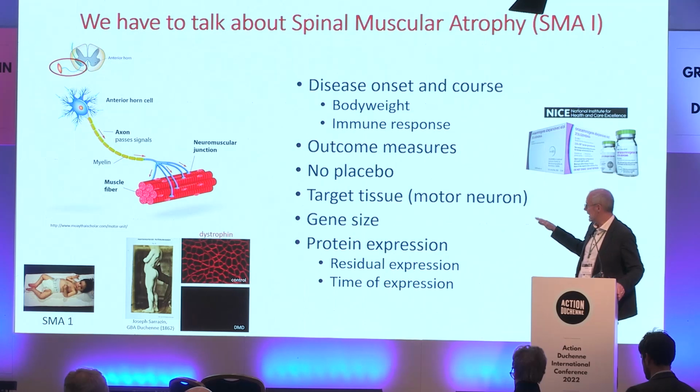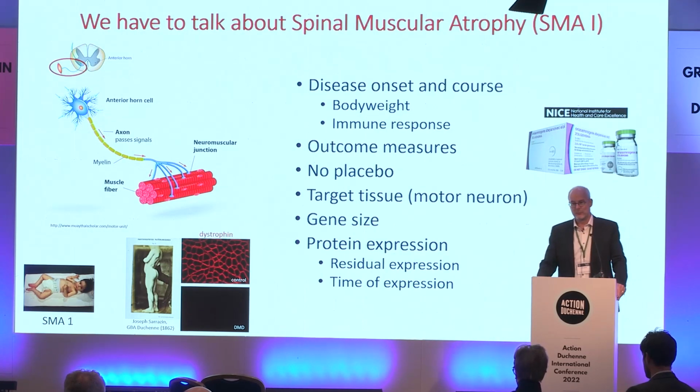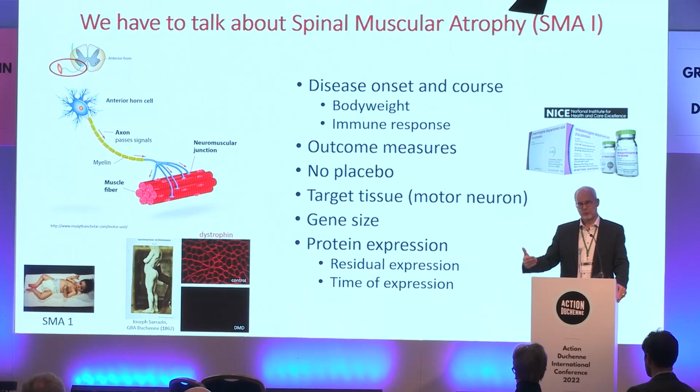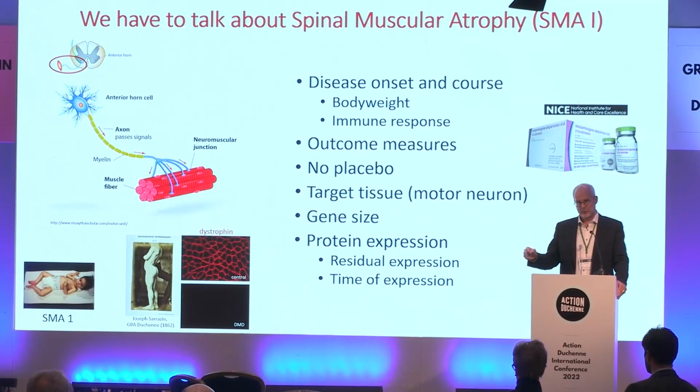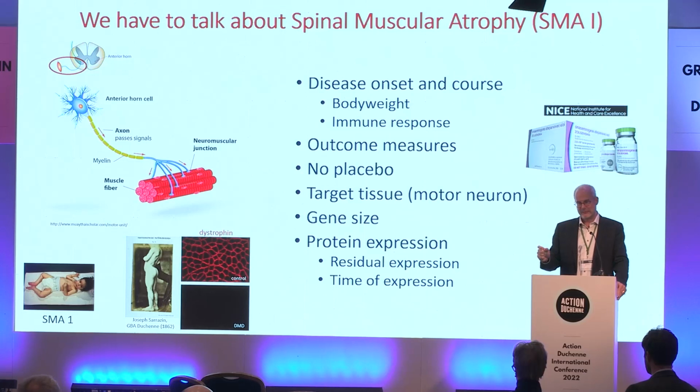I already mentioned the target tissue. Now another problem is the gene size, and we heard from Annemieke and from Linda that the dystrophin gene is actually the biggest gene that we know in nature. And then protein expression: from the previous talks, you've heard that in Duchenne muscular dystrophy, many patients have never seen certain parts of dystrophin.